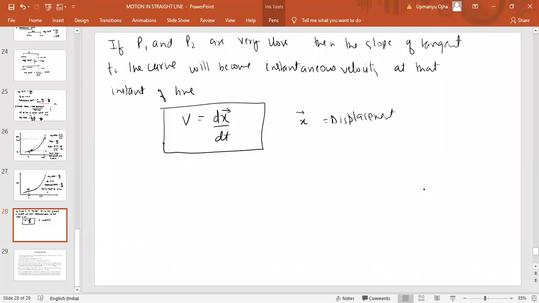And speed is dx by dt, where x is the scalar quantity, the distance. I hope you understand this. I have already explained this while explaining differentiation. So that is what instantaneous velocity means.